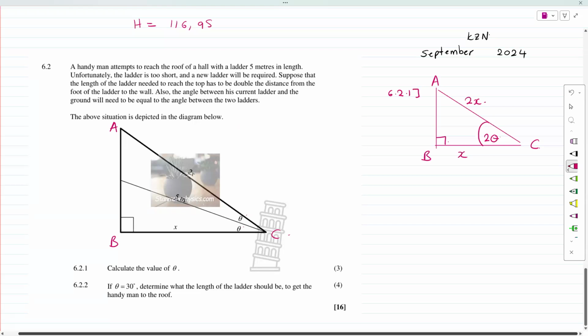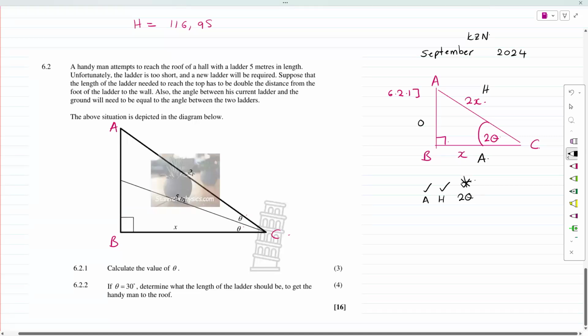And it's quite simple, because you and I know that that would be opposite, hypotenuse, and adjacent. We have the adjacent, which is x. We have hypotenuse, which is 2x, and we have the angle, which is 2 theta. So we basically have everything that we need.